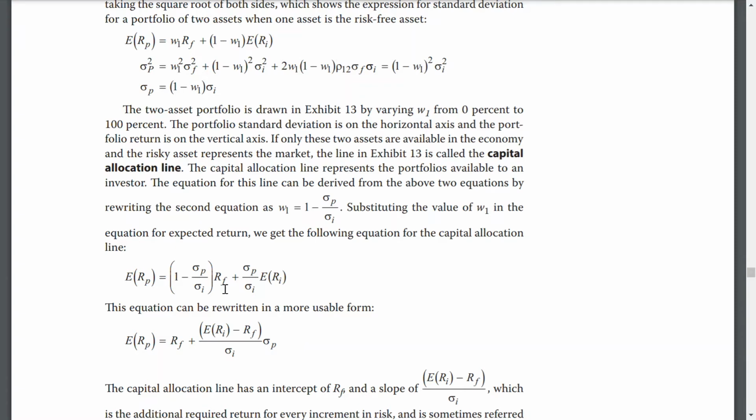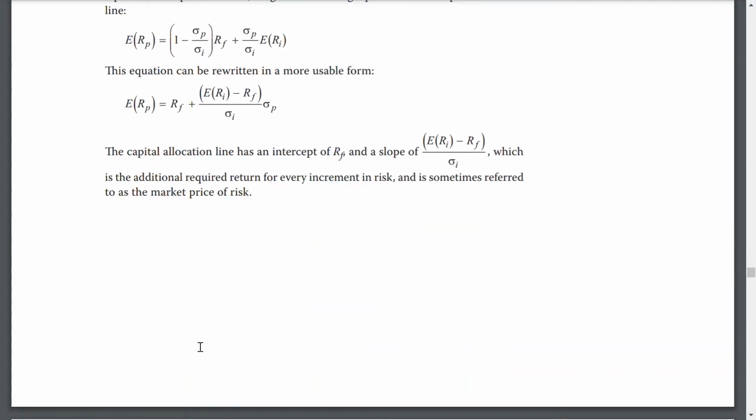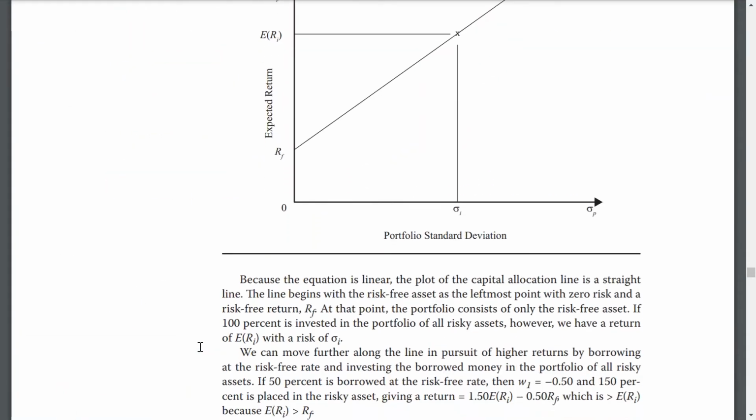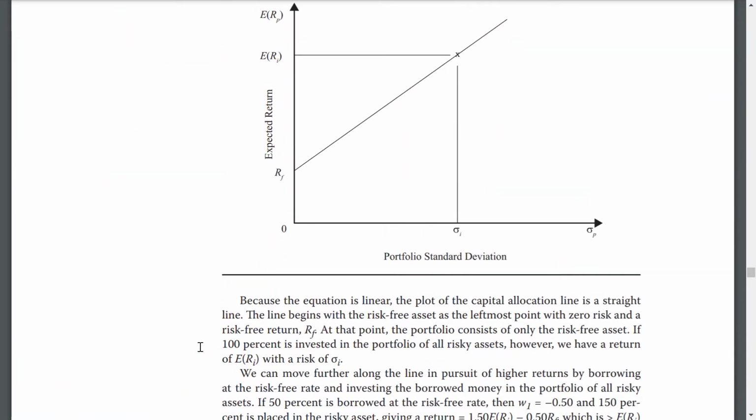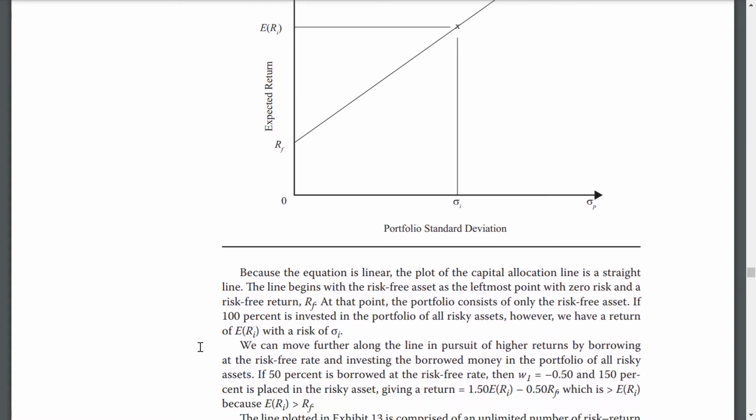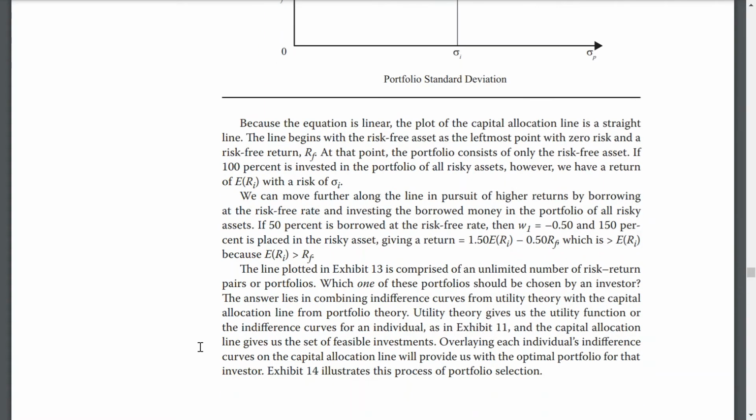So this is what it looks like, with portfolio standard deviation and expected return. Because the equation is linear, the plot of the capital allocation line is a straight line. The line begins with the risk-free asset as the leftmost point, with zero risk and a risk-free return of RF.